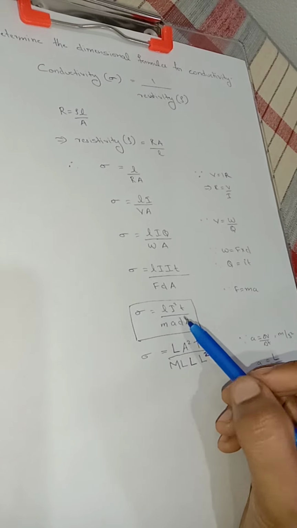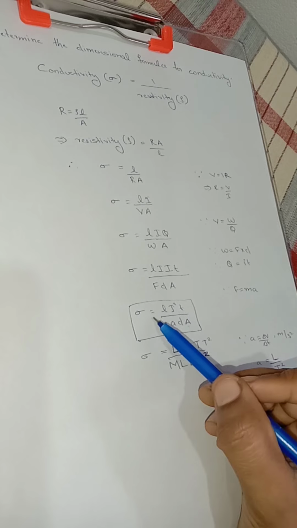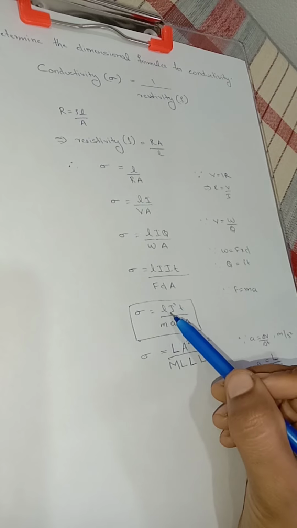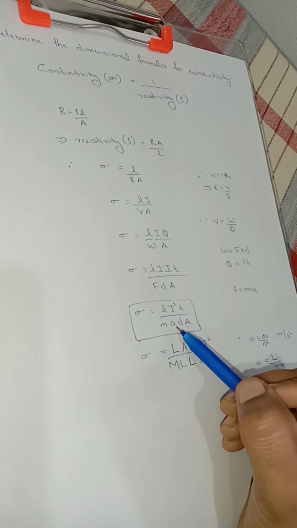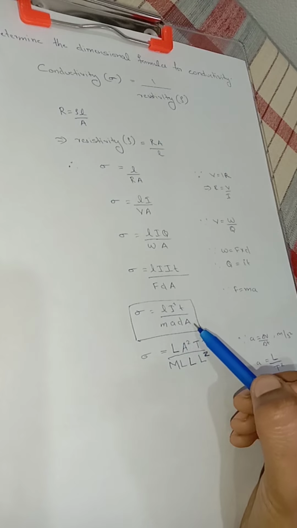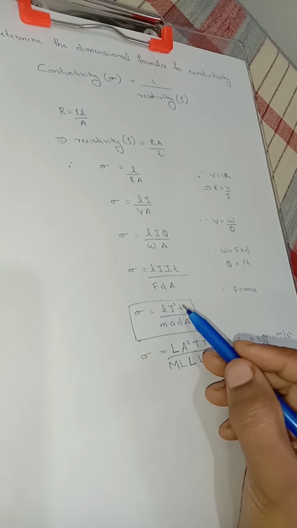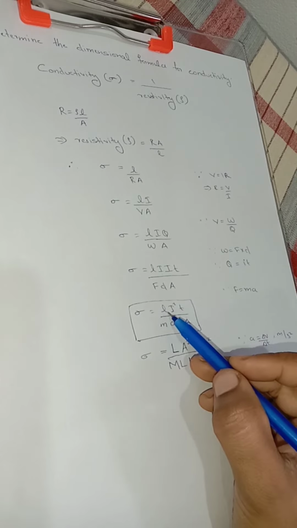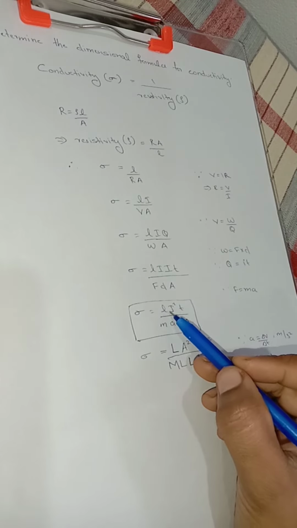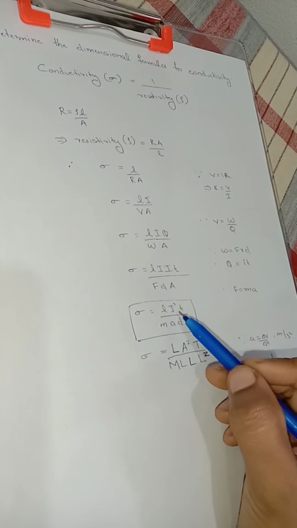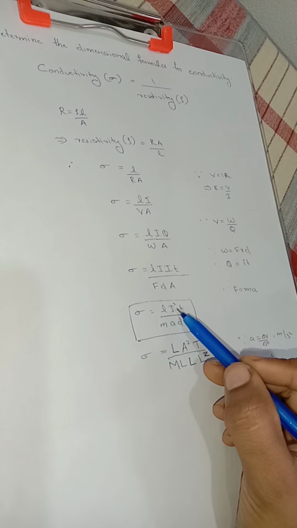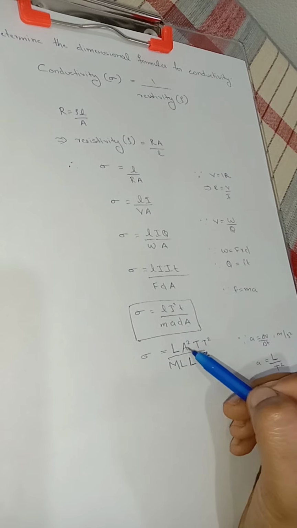So once again, for sigma we have got the final equation as L I square T by M, that is mass, into acceleration into distance into area. We are taking the dimensions of these terms. L has unit meter and dimension L. I is current, its unit is ampere and dimension A, so I square is A square.